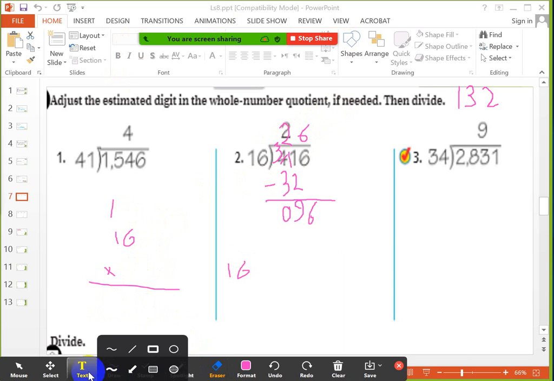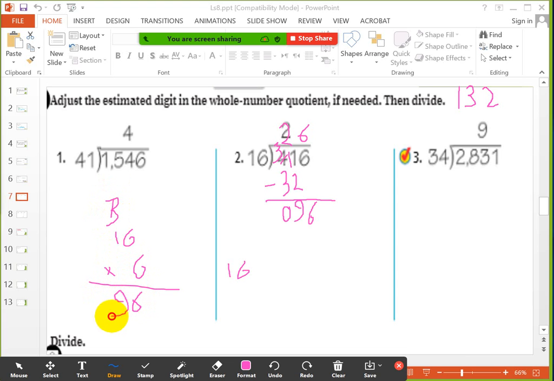You can do it on white paper. 6 multiplied by 6 equals 36, so it will be 6 here and 3 above the tens. 6 multiplied by 1 equals 6, plus 3 equals 9, so it gives me the same number, 96. Now 6 minus 6 equals 0, and 9 minus 9 equals 0. So the right quotient is 26.